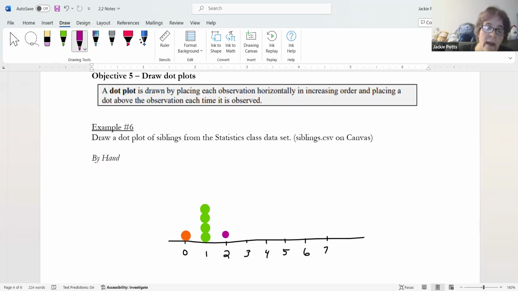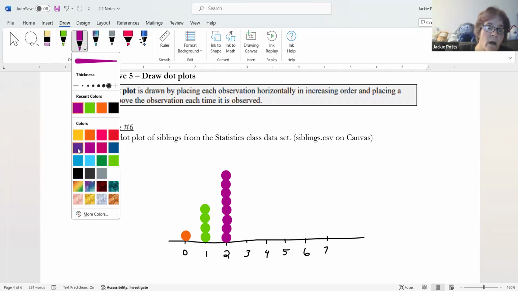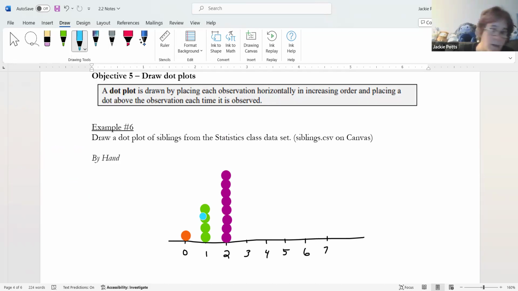Under 2, we had 8. Frequency of 8. So it gets 8 dots. Under 3, we had 3. Frequency of 3. So it gets 3 dots.